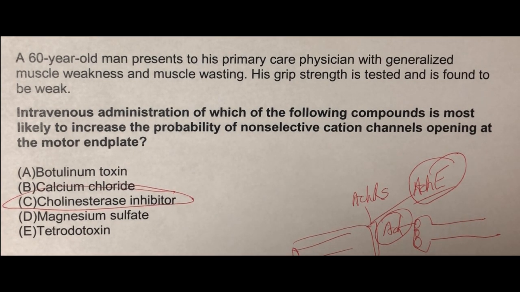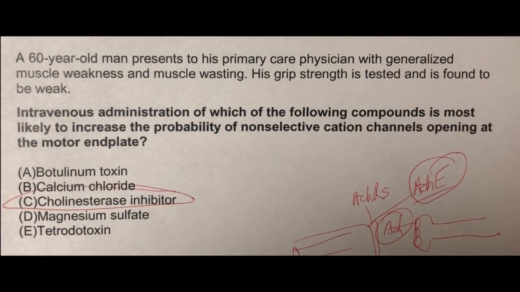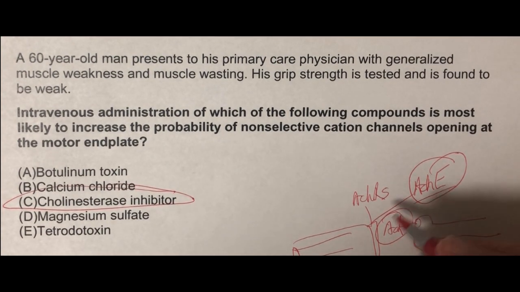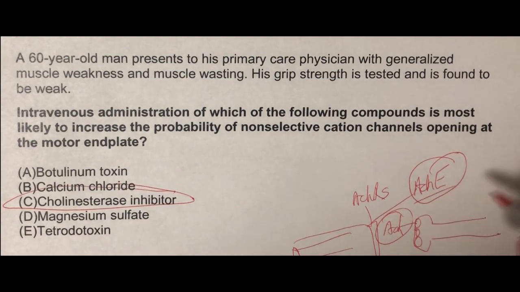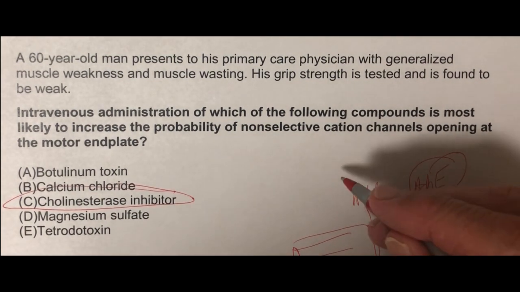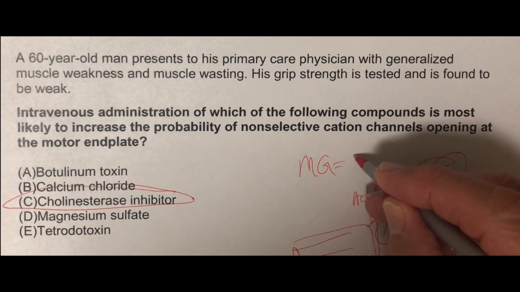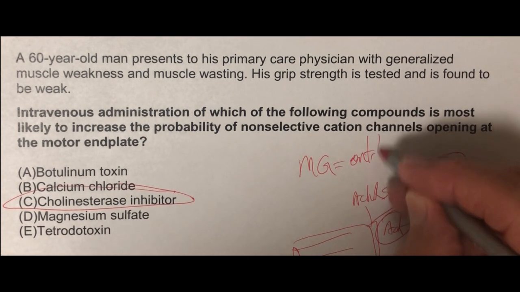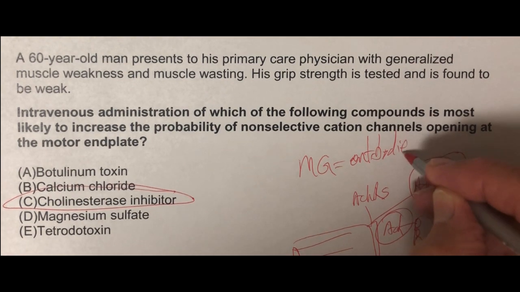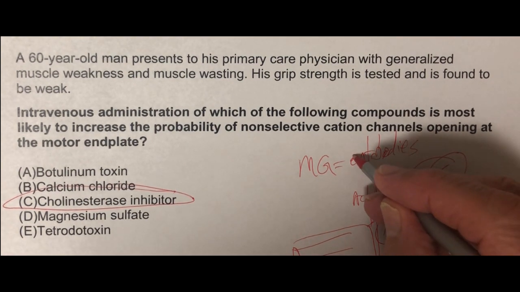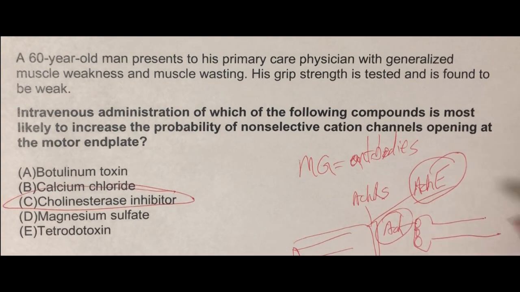If there's muscle weakness due to decreased excitability, and something is blocking acetylcholine receptors, for example, in myasthenia gravis, there are antibodies that attack the acetylcholine receptors.